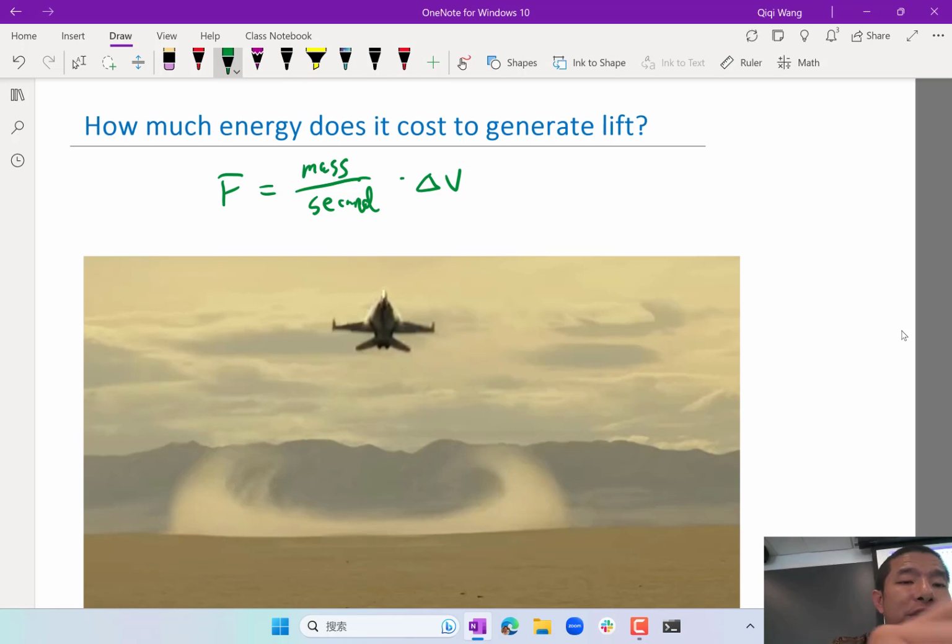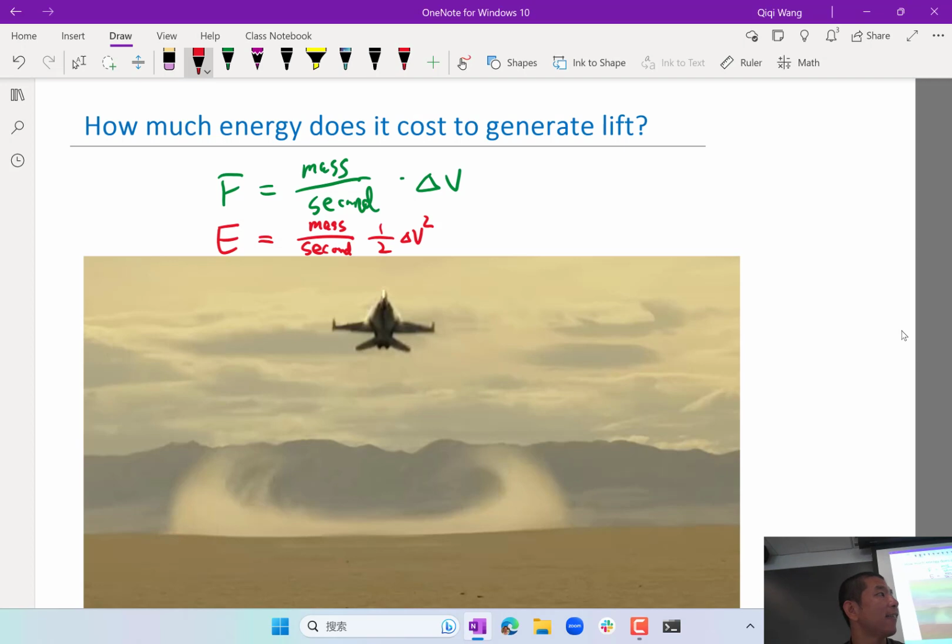So the energy it takes to move that amount of air is equal to the amount of air mass moved per second times, not the delta V, but specifically half of delta V squared, right?